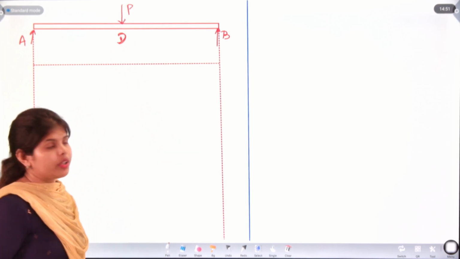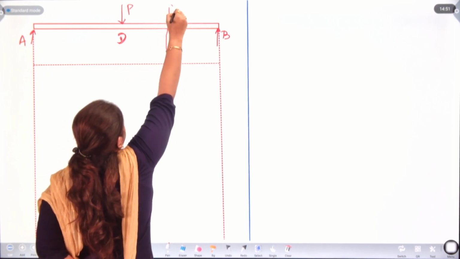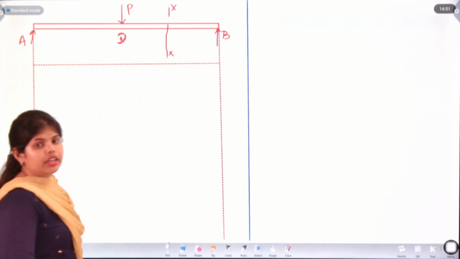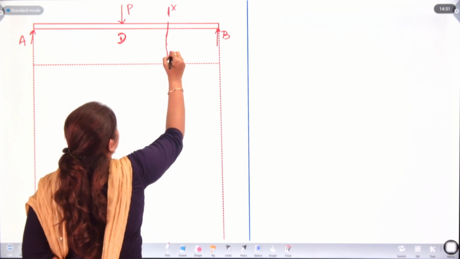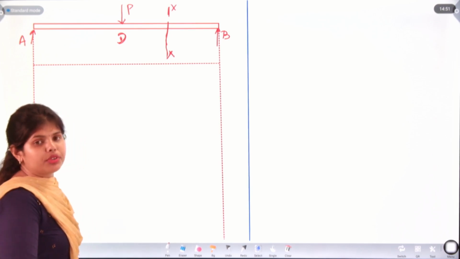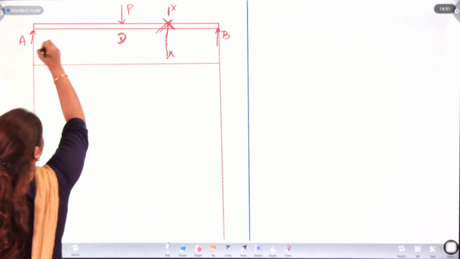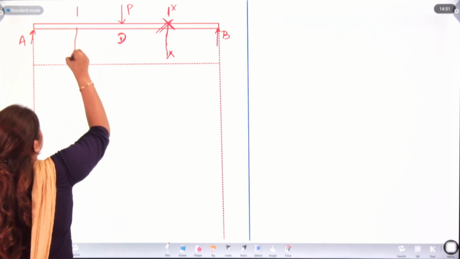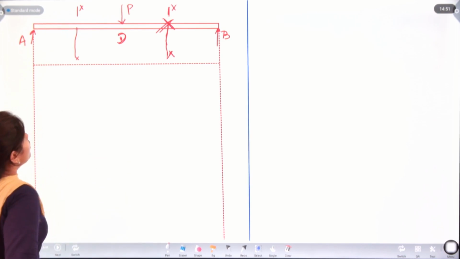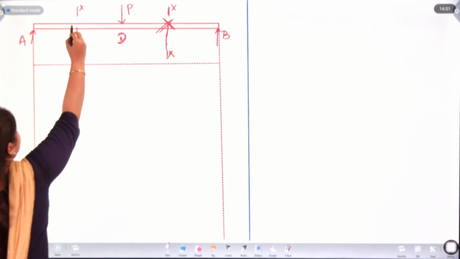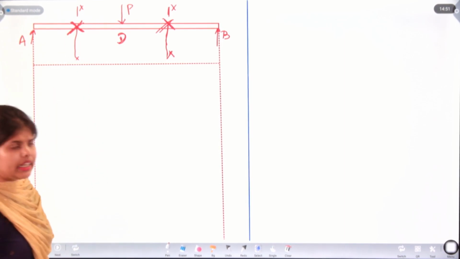Now we will cut the section BD at X. We will cut BD here at X and find out the shear force and bending moment at this point, and we will cut AD with an X section and find out the shear force at this point.